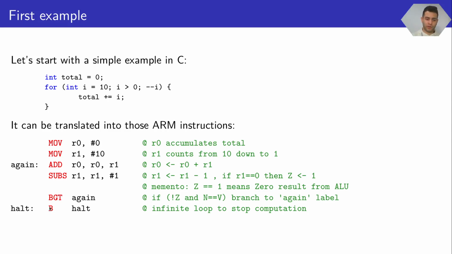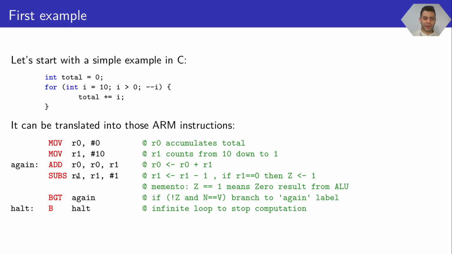You can see this in action with this infinite loop. We are doing, hey, branch to the halt label. The halt label is here. So we are always performing this operation.